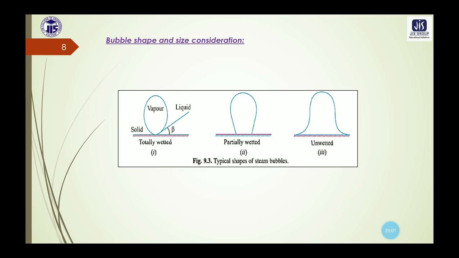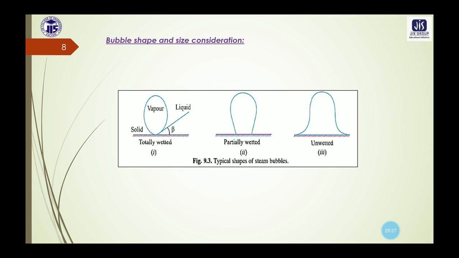Now the surface tension signifies the wetting capability of the surface with the liquid, and that influences the angle of contact between the bubble and the solid surface. If the surface is contaminated, its wetting characteristics are affected, which also influences the size and shape of the vapor bubbles.